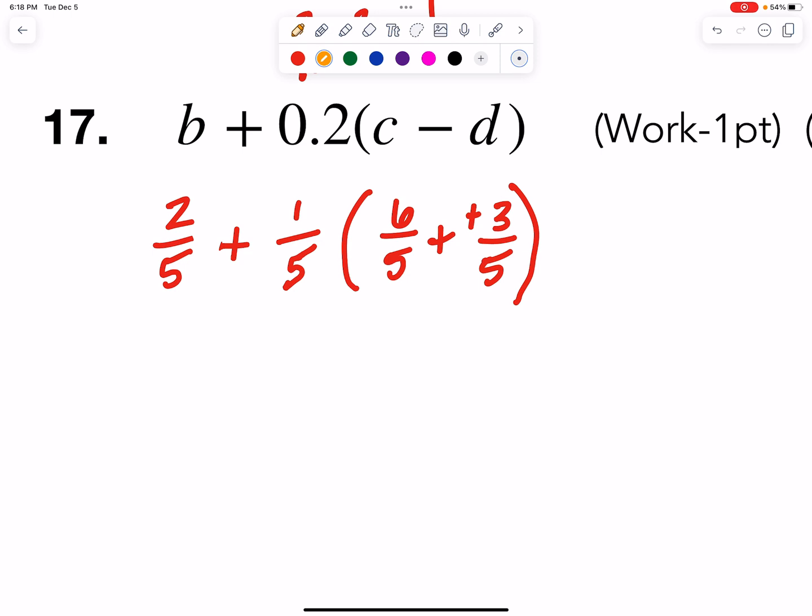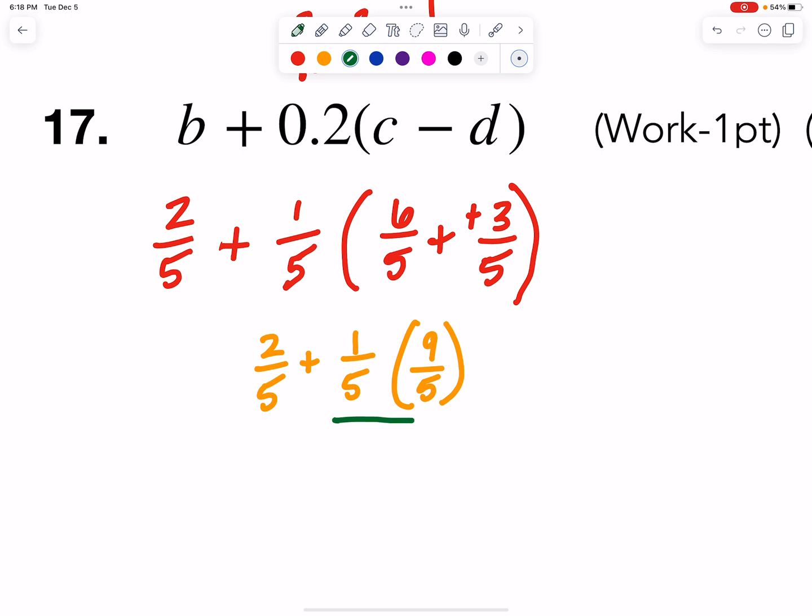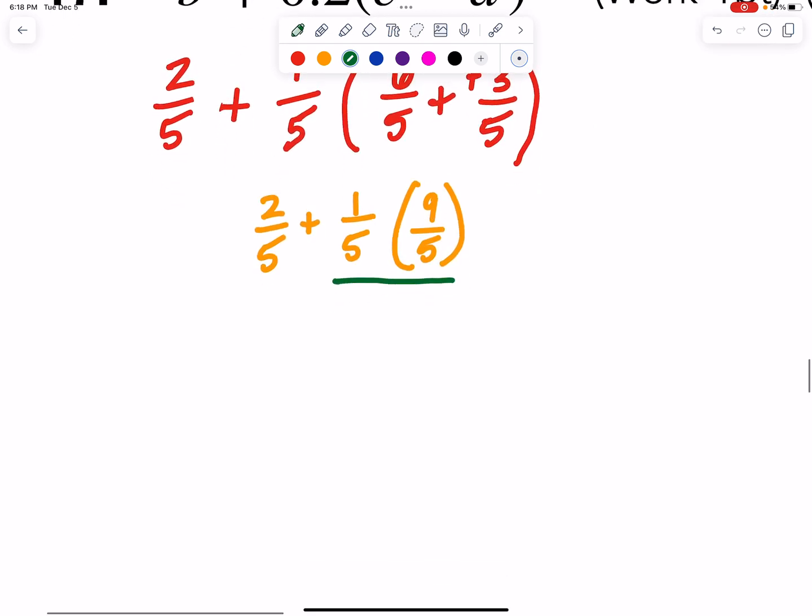So 6/5 plus 3/5, 6, 7, 8, 9. So we have 9/5. Bring everything down. We have 1/5 plus 2/5. Okay, and now order of operations, don't get tricked. I have to still take care of my multiplication here. So 1/5 times 9/5, can I cross simplify?